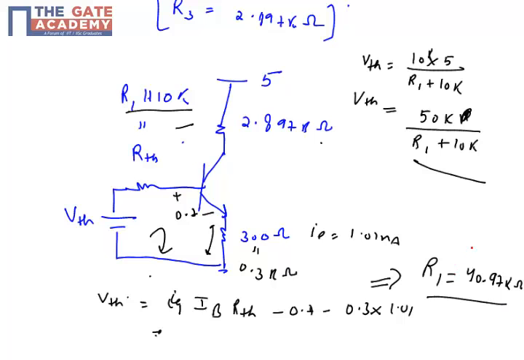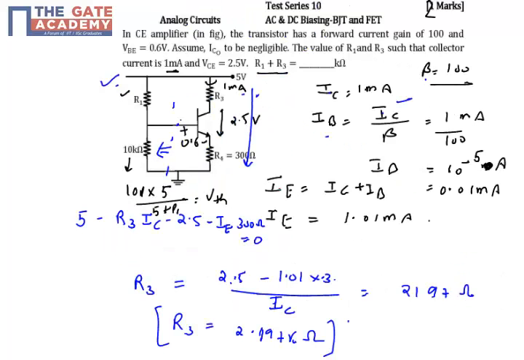We need to calculate R1 plus R3, where R1 is 40.97 and R3 is 2.197. So R1 plus R3 will be 43.167 kilo ohm.